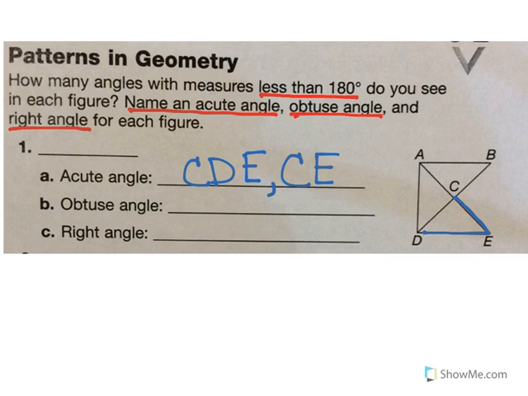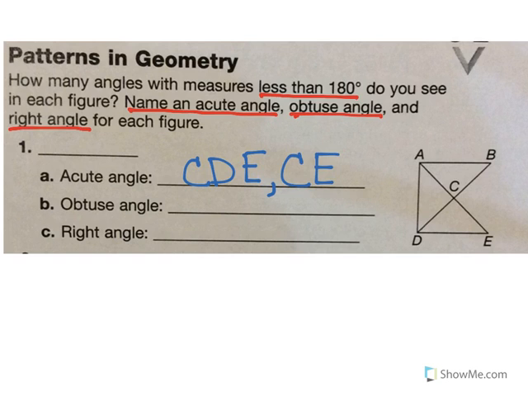You also could have listed angle ABC, or you could have called it CBA. I think that's it. Oh no, wait. There's CAD, A in the middle, which could also be DAC, and ADC with D in the middle.